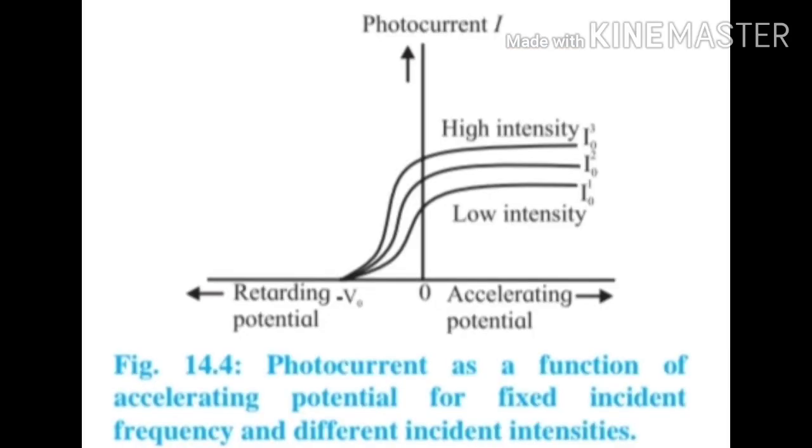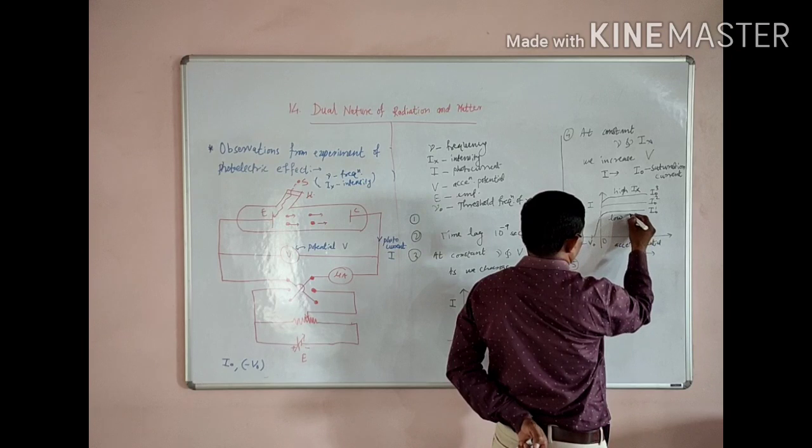Suppose this is for the first intensity, then I02, I03, that means at higher intensity the saturation current goes on increasing as shown in the graph.